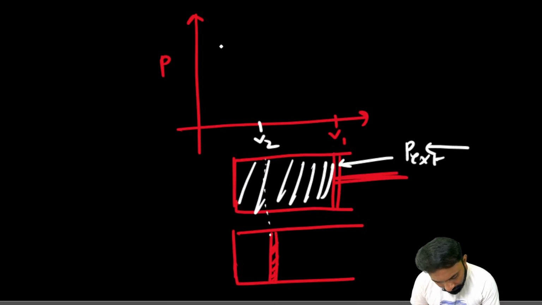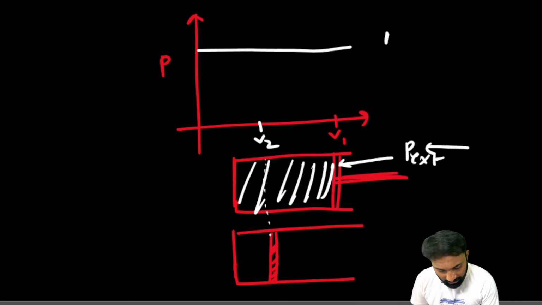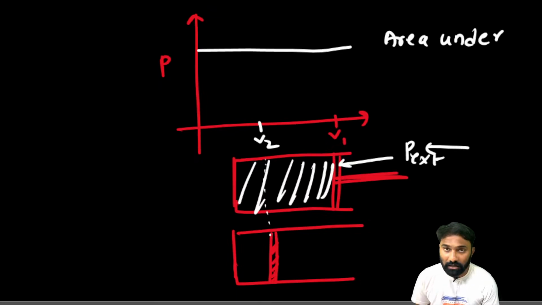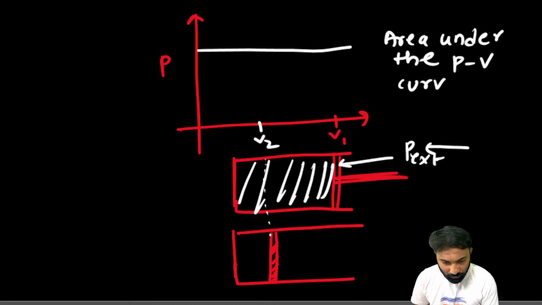Clear? Now whatever may be the area, this is the pressure. You have to be very careful how to calculate the work in the PV graph. Area under the curve will give you the work done. Area under the PV curve is work done.